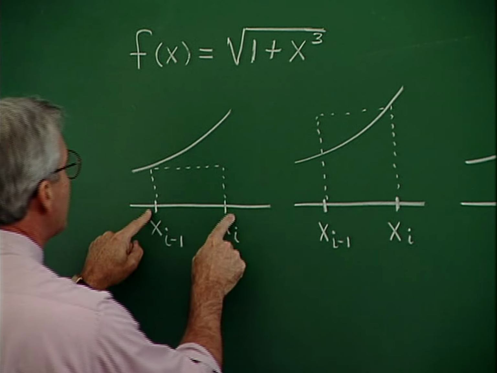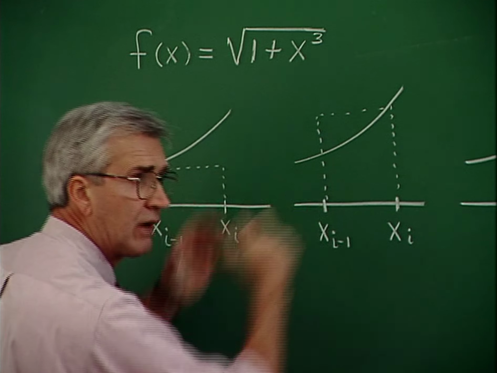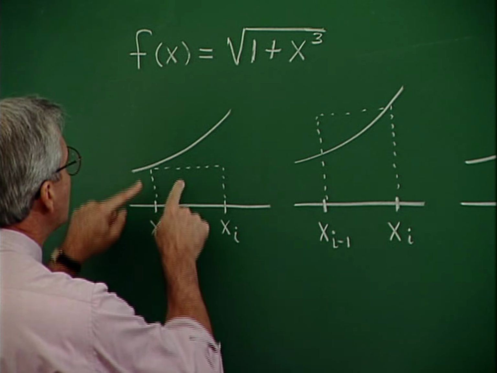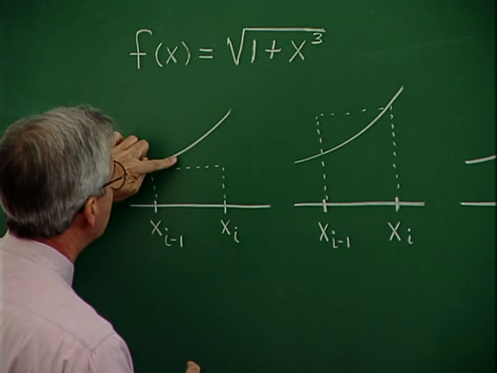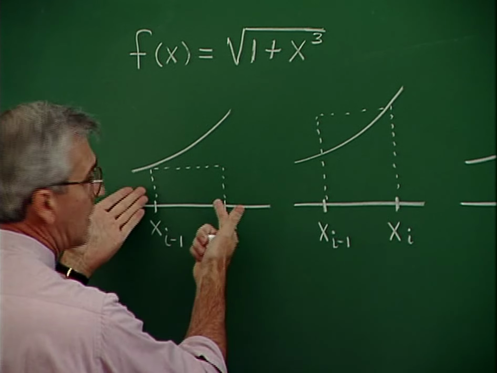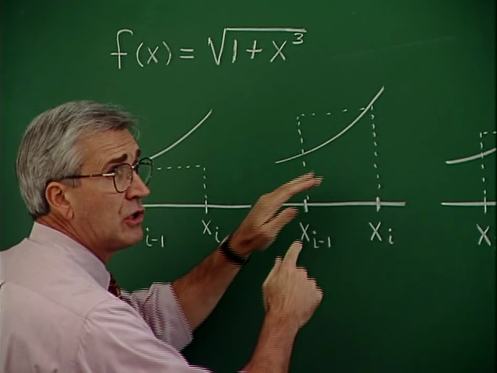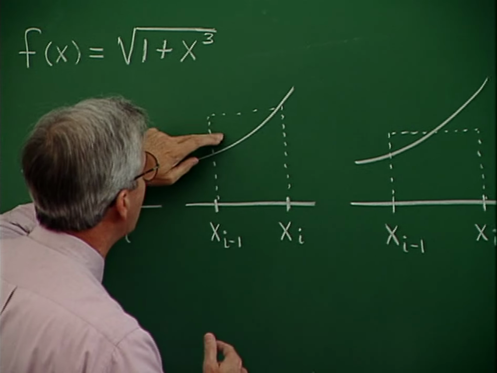Okay, so we have a subinterval, and we want the area of the subinterval to be added to the other areas along the way. If we choose to inscribe the rectangle, then we're leaving out all of this area under the curve. So this is going to present us with an inaccurate value. If we use the circumscribed rectangle, then we're adding too much area here.